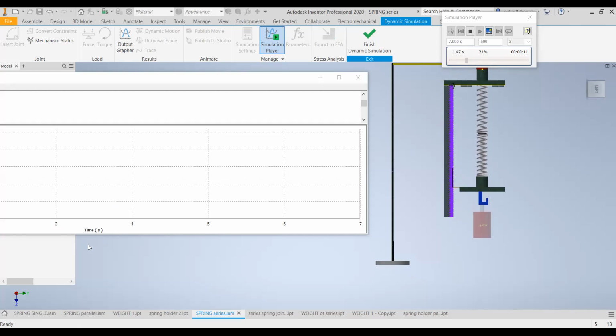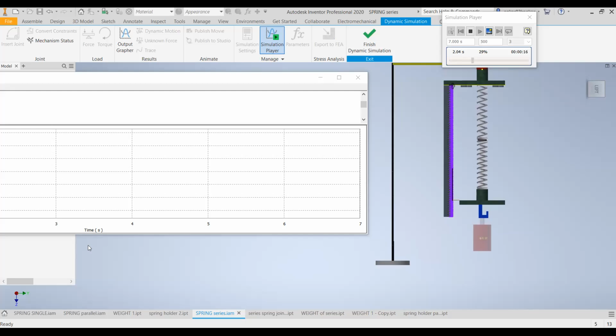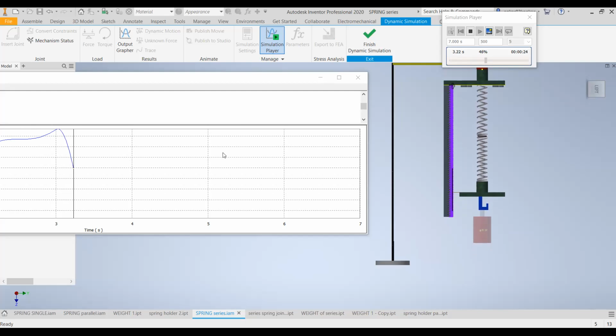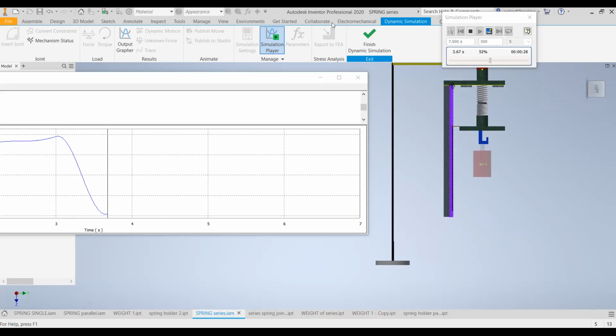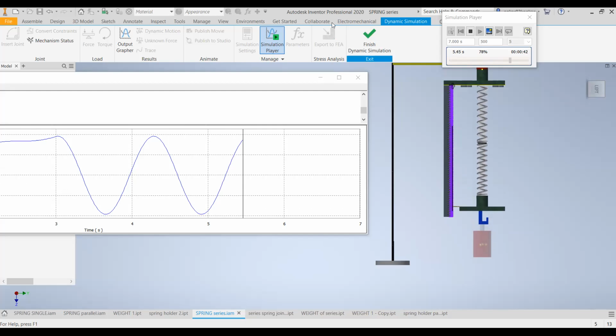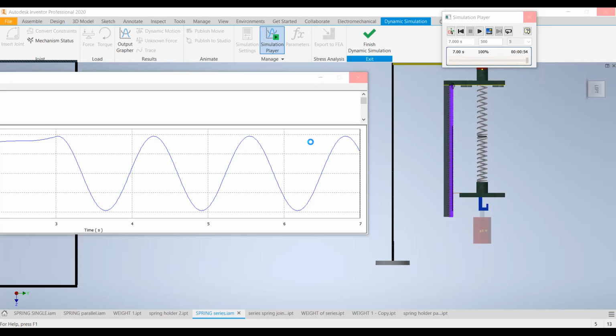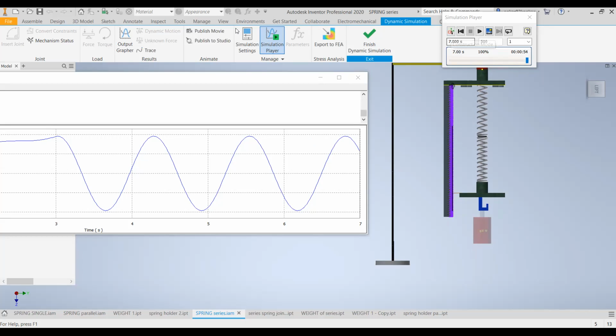After 3 seconds, mass will oscillate freely. Okay, so from this waveform, we will find out the time period for this series arrangement.